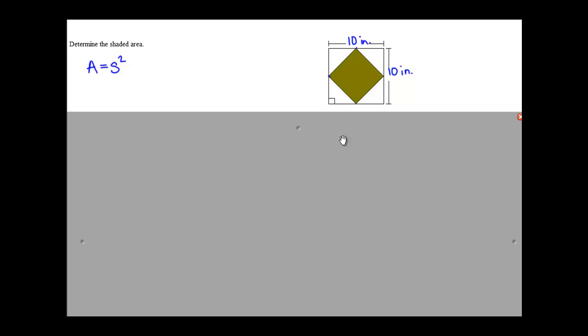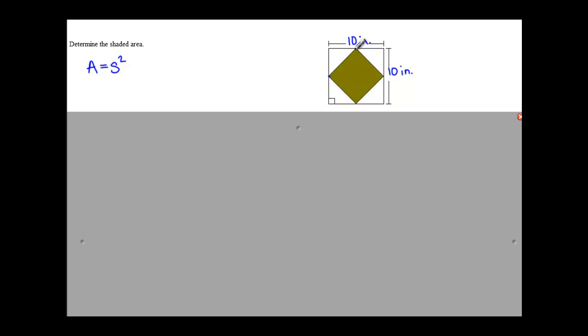Here we have another example where I'm finding the shaded area. So I want the area of this square, but it's not as simple as some of our other square problems because we aren't sure at this point what the length of the side is. We are given that the square that it's enclosed in has sides of 10 inches in length. So if we play around with it a little bit, there are actually a couple of different approaches you can take.